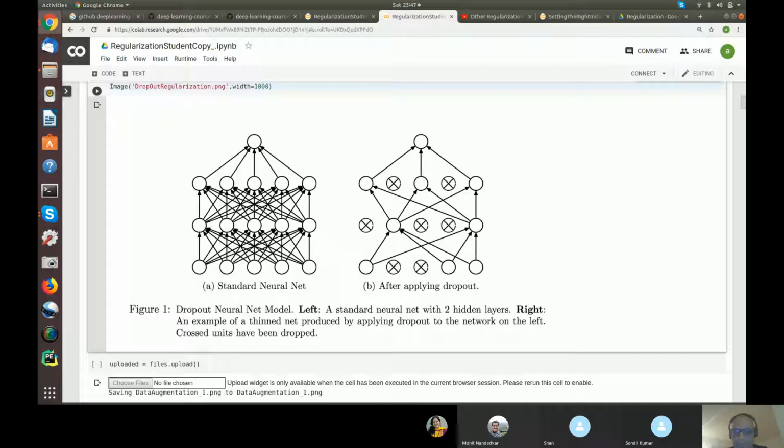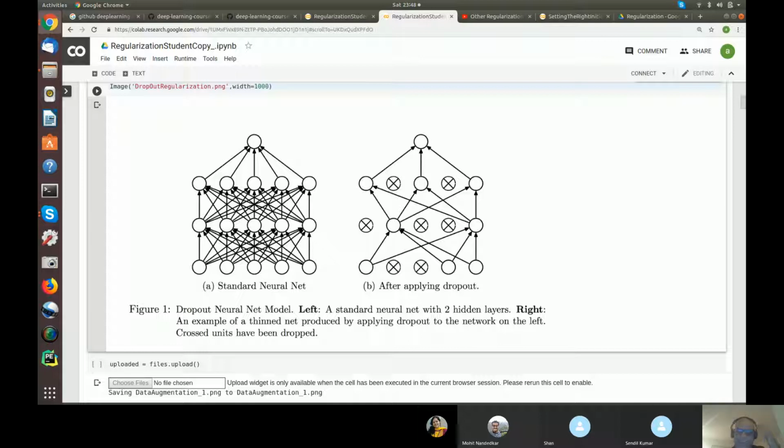So if you do this, let's say 1,000 times, you'll end up changing the weights of all the neurons. The key impact is that you won't be giving too much weight to a few set of neurons. You'll be diversifying to other neurons.